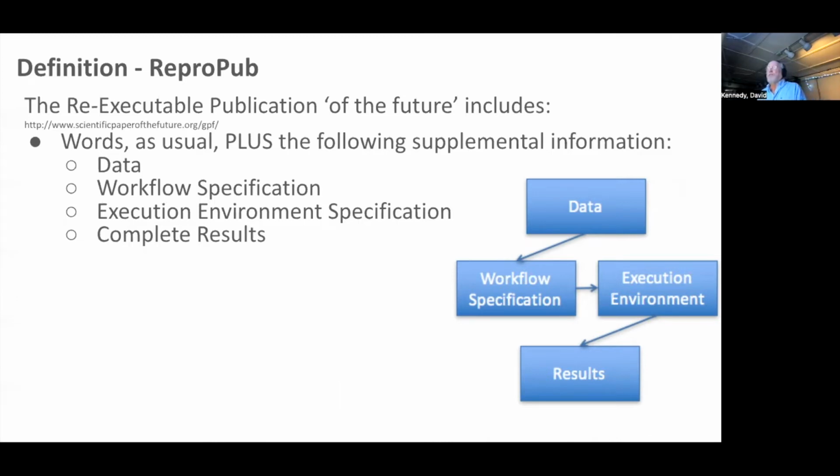So this concept of a ReproPub, a re-executable publication, would include all of the words that we need. Humans need to read this and comprehend what we're saying, but we need to supplement that with a pointer to exactly the data, with appropriate access controls, that went into that particular analysis; a specification of the workflow and the analysis that was performed; a specification of the environment used for that execution; and a specification of the complete results.